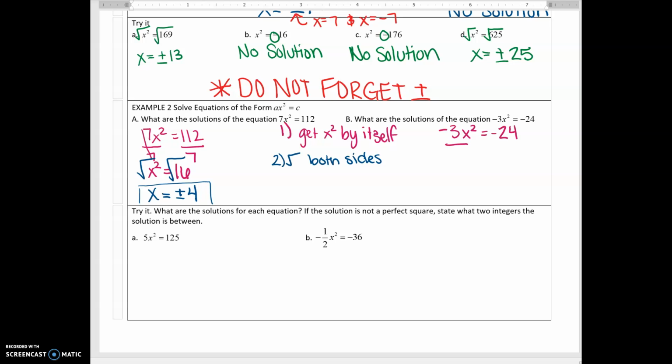So we need to divide by negative 3 on both sides. And we get x squared equals a positive 8. So it's now going to have a solution because we had to divide by a negative on both sides, and that made this side positive. So now we can go ahead and square root both sides.